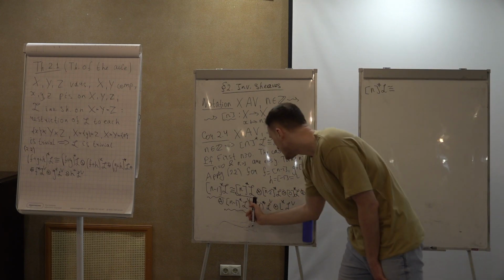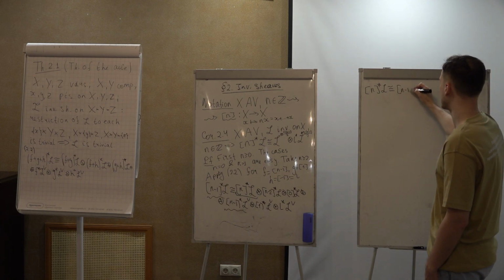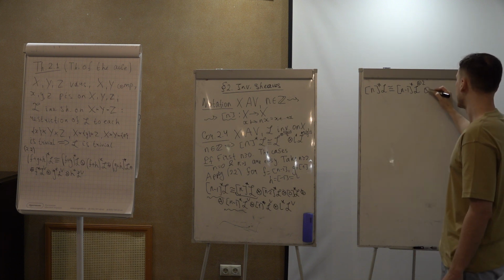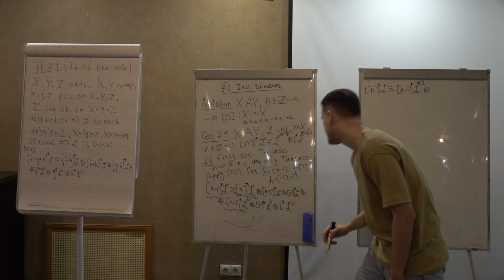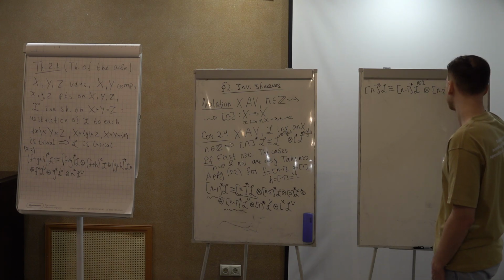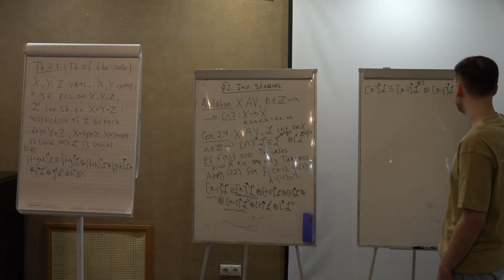So that's going to be the (n minus 1) pullback of L squared, and then the (n minus 2) pullback of L inverse, right?